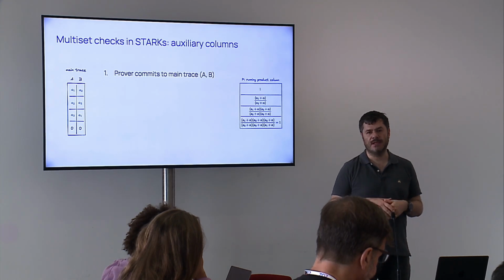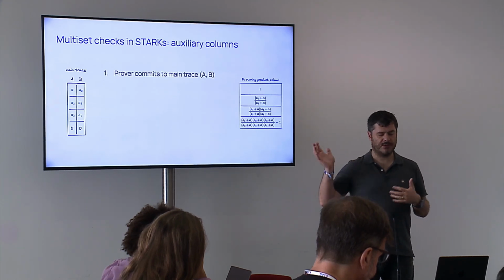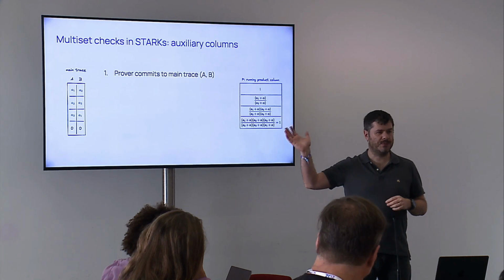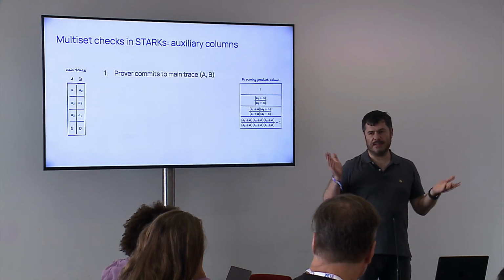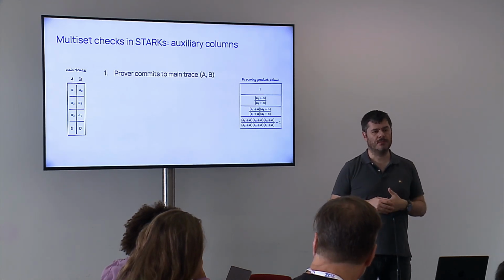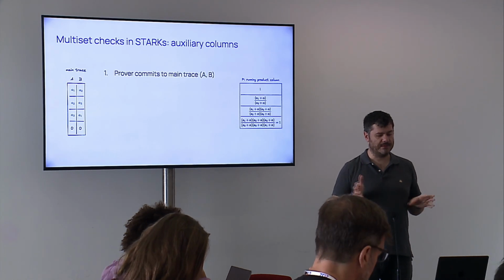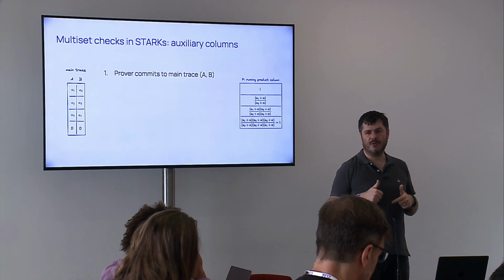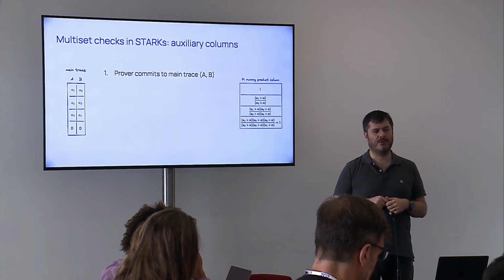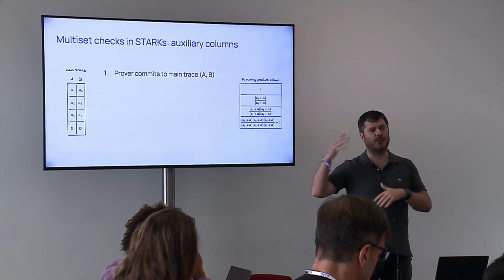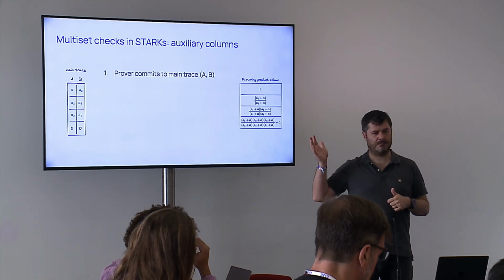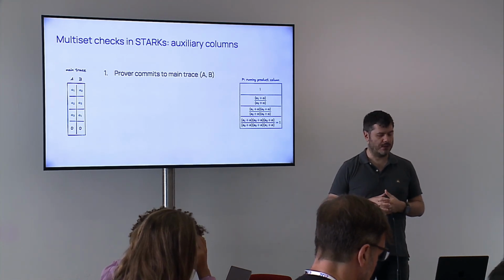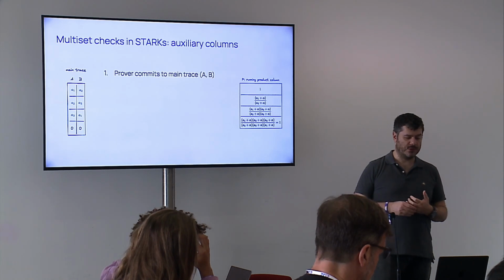If you're in a large field, you still have an auxiliary trace, but it could be in the same field. But let's say with a 64 or 32-bit base field, you actually need a larger value for randomness. 64 bits is not enough for randomness, and 32 bits is also not enough, so you usually want to be at like 128 bits or maybe even higher for a good level of security.